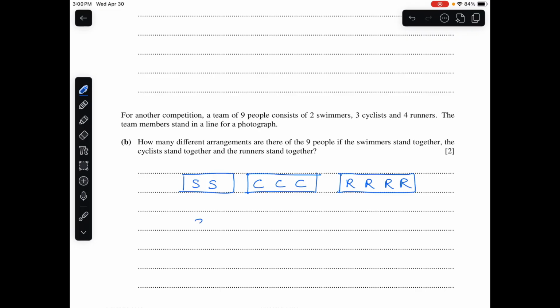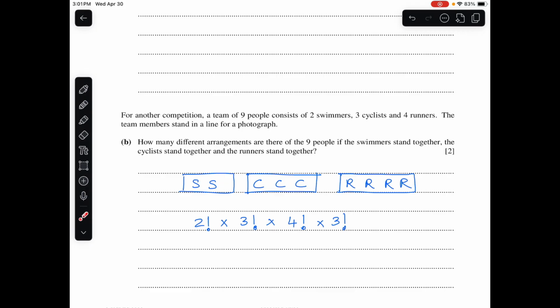So 2 swimmers can be arranged in 2 factorial ways, 3 cyclists in 3 factorial ways, 4 runners in 4 factorial ways. Again, these positions can be switched around. So we are going to have then times 3 factorial. This 3 factorial is for the swimmers, cyclists, and the runners switching around.